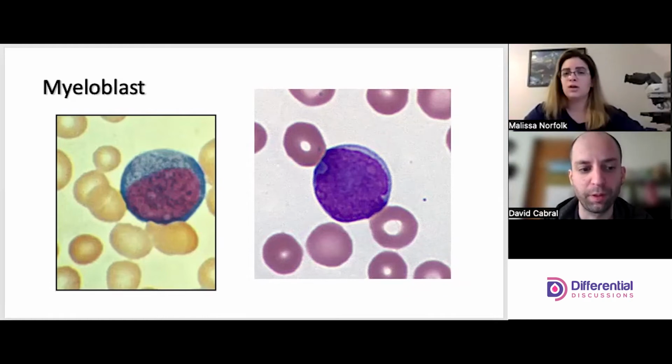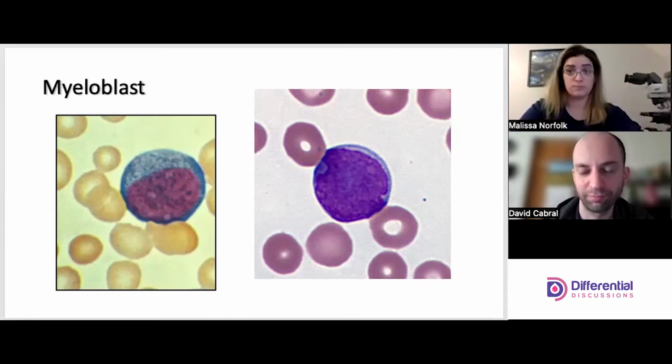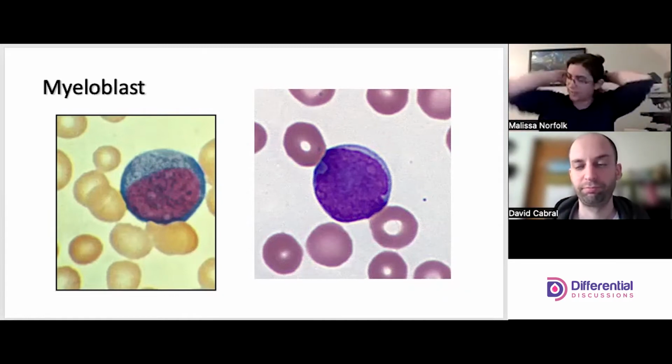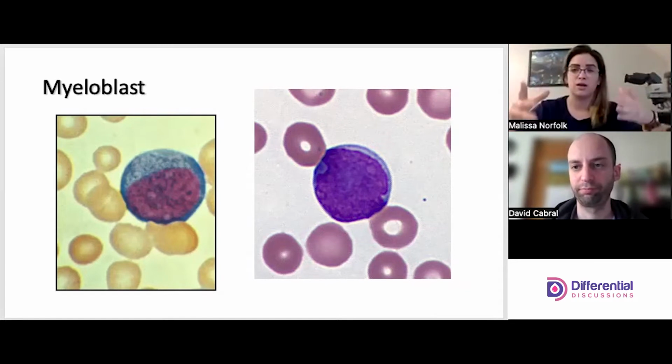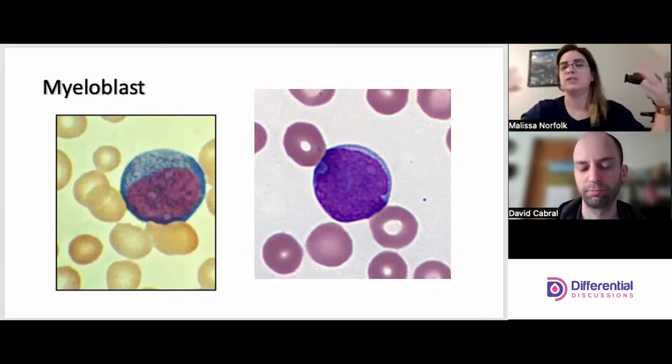And of course, the chromatin pattern is so homogeneous because there's a lot of euchromatin. So it's all the fresh chromatin that's actively being used. Right. And then of course, as Dave said, they're usually very large. In general, myeloblasts are very large. Occasionally there are microblasts where they're about the same size as the red cell, but for the most part, they're going to be 2 or 3 times bigger than the red cells around them.